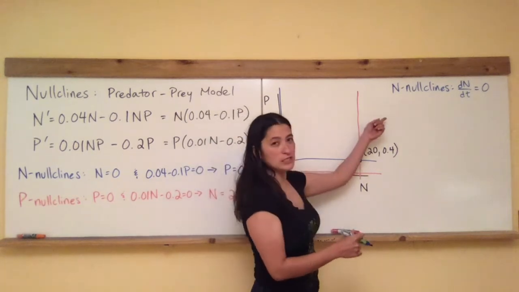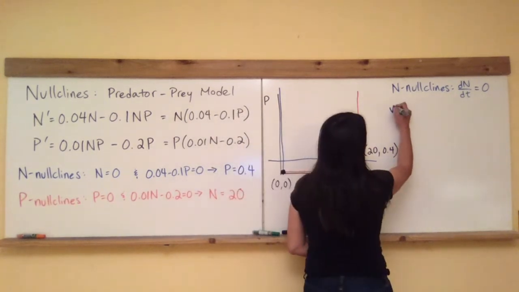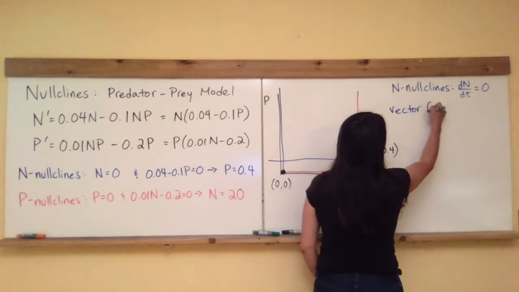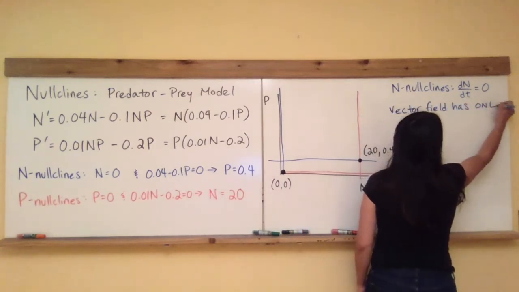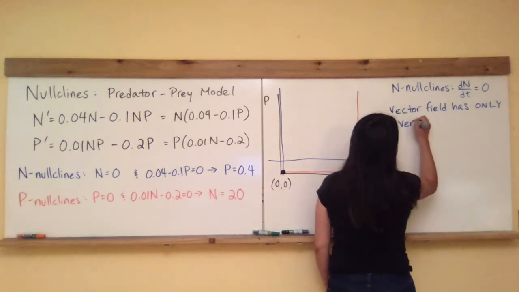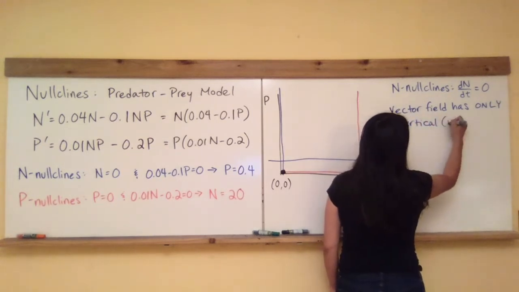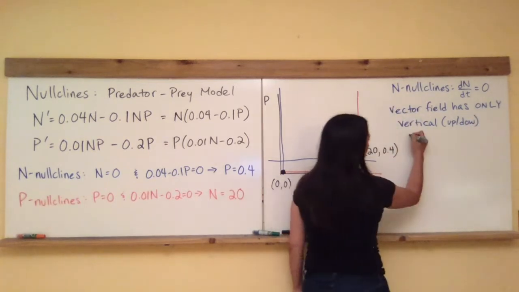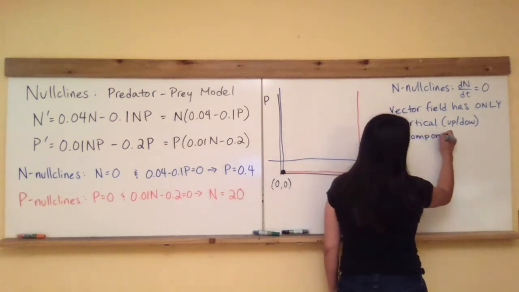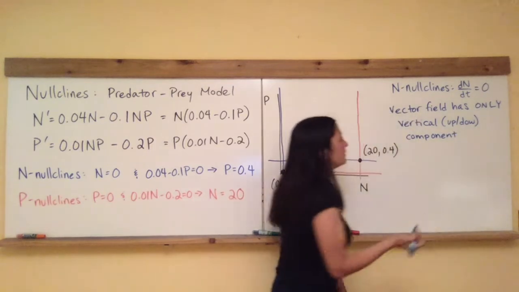And so what I'm trying to say here is that on the n nullclines, the vector field has only a vertical, and that's up or down, component. Only a vertical component. Okay?